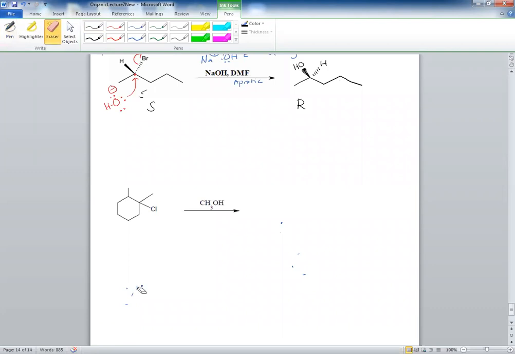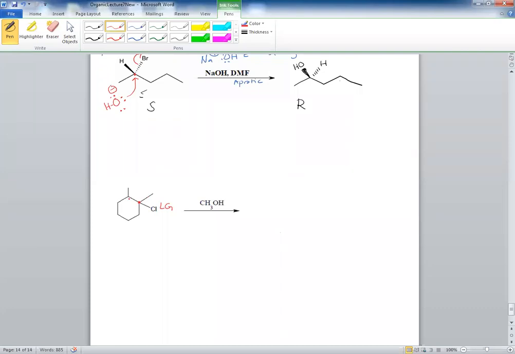The next one, and pay attention to the mechanism here, would be the same thing. We need to discern what we have. So here's our sp3 carbon where the leaving group is attached. What kind of alkyl halide is this? Is it tertiary, secondary, primary?